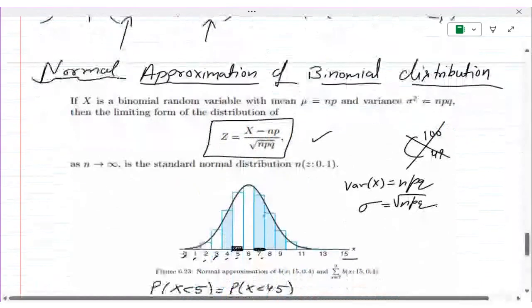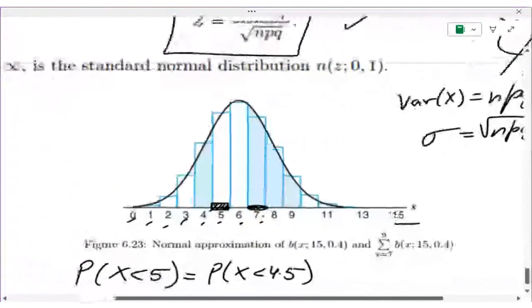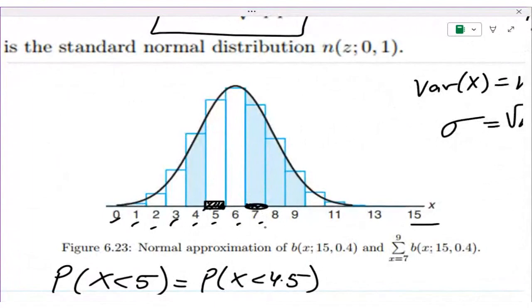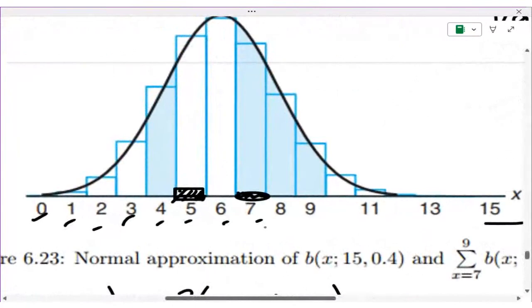But the problem is that the binomial distribution is a discrete distribution. There you will get either 0 successes, 1 success, 2 successes, 3, 4, 5, in this way. These are discrete points, but the normal distribution is continuous. To resolve this problem, instead of considering 0, 1, 2, 3, 4, 5 as discrete points, we consider them as intervals. Like 5 means 4.5 to 5.5, and 7 means 6.5 to 7.5.